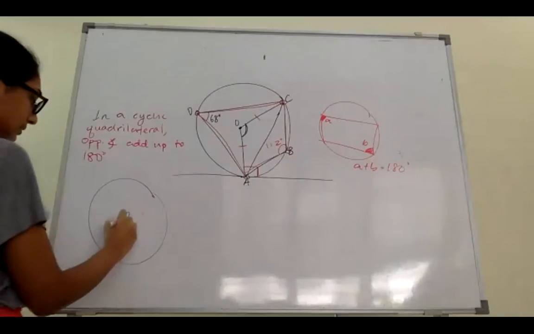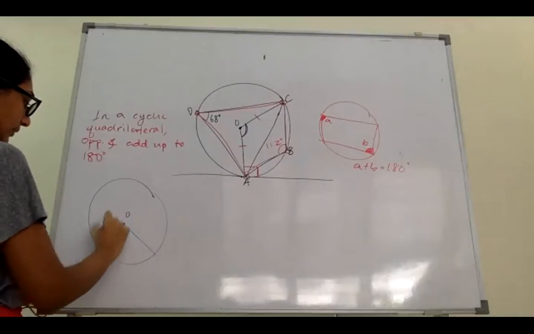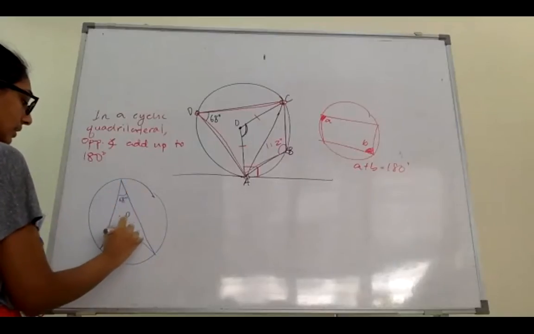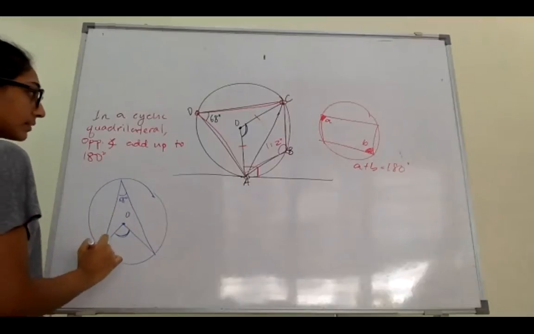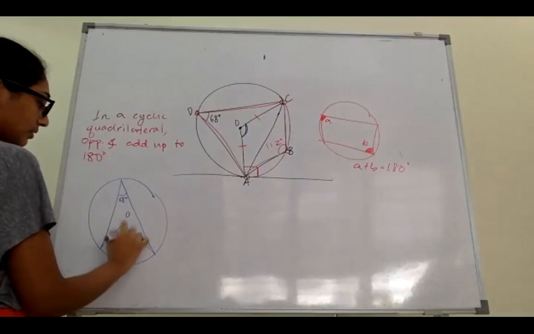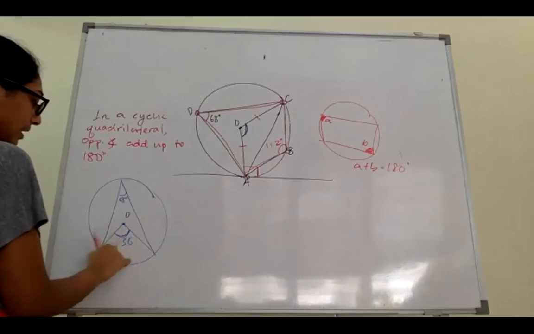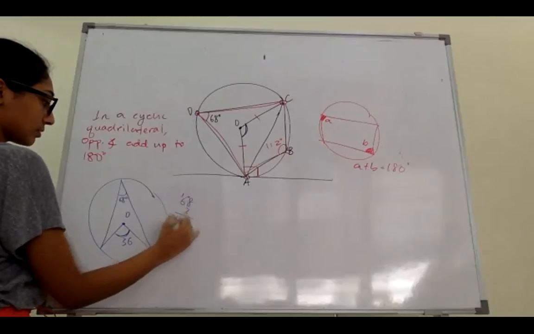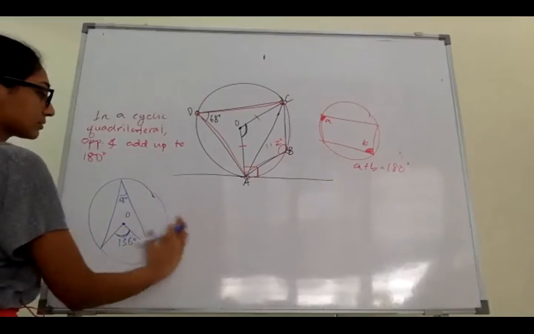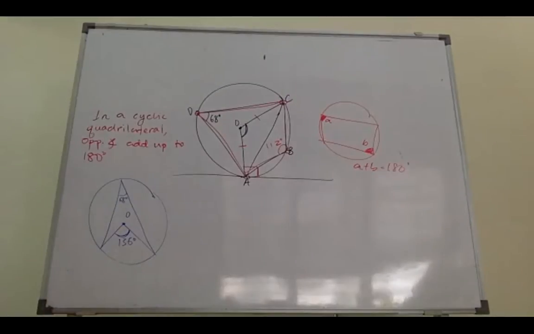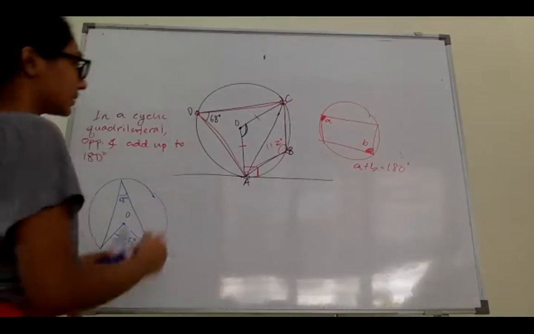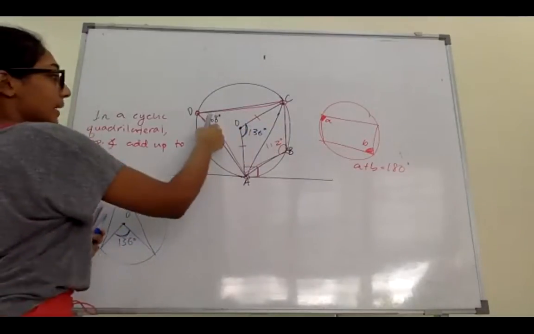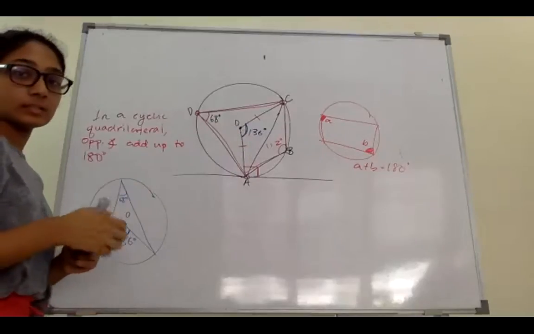When I have a center, and this is 68, the center angle is double of that. 136 degrees. Correct? So this will be 136 degrees, because it's double of that, because this is at the center of the circle.